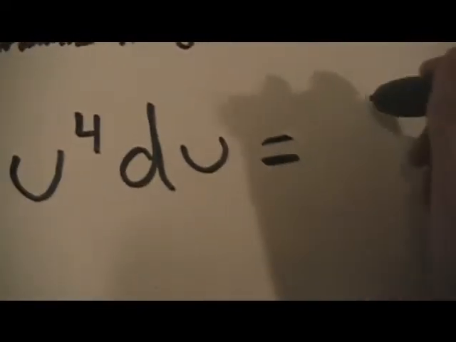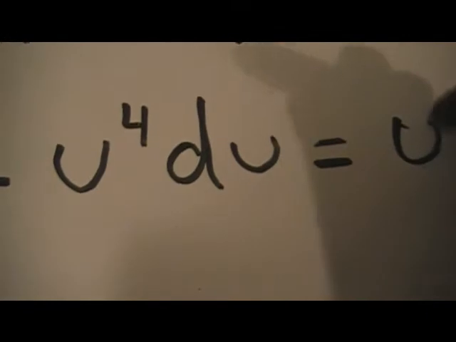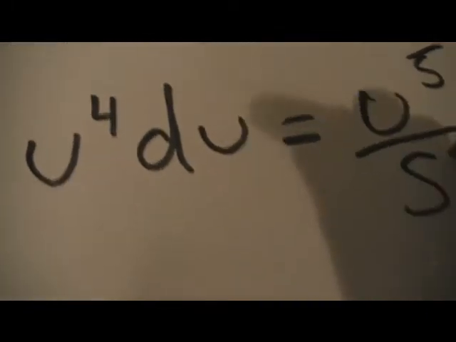So now we have u to the 4th du, and we can solve it just as we did in the beginning with a simple power rule. We add 1 to the power and divide by our new power. And don't forget to add your constant.